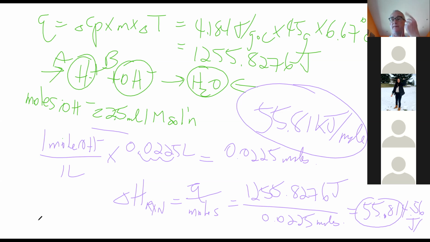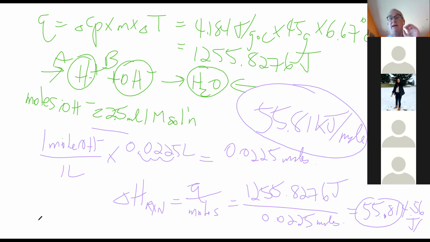Because at the end of the day, those are the reactions we're doing. We're looking at the neutralization reaction. It won't matter, because the number of moles of H plus and OH minus will be the same if you use the same volume.